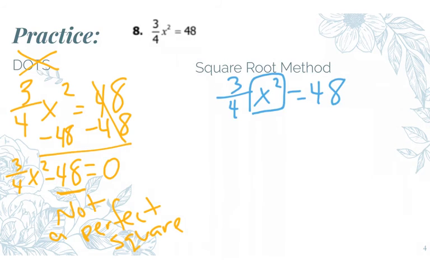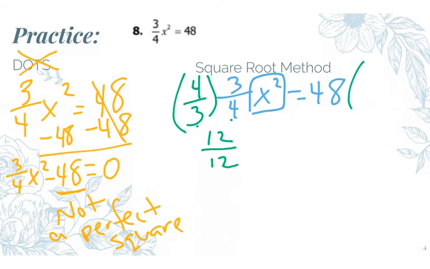Whenever I do square root, I always have to have the squared term by itself, whether that squared term is in parentheses, or in this case, just the variable. So let me do the multiplicative inverse here. So 4 times 3 is 12, right? 3 times 4 is also 12. So I've got 12 over here. We do it to the other side.